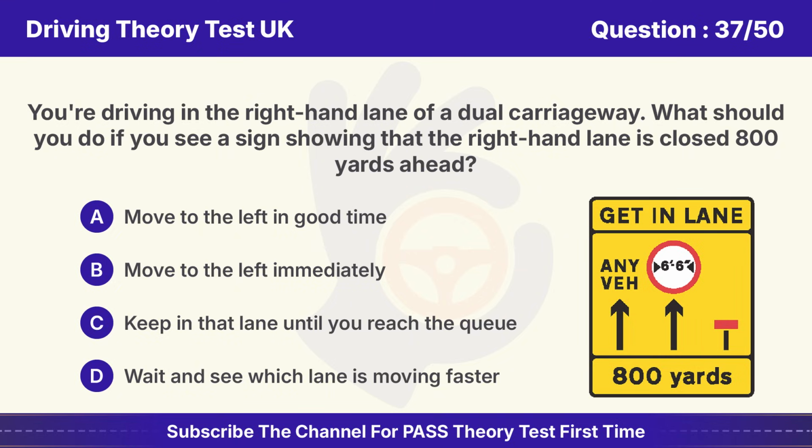Question 37. You're driving in the right-hand lane of a dual carriageway. What should you do if you see a sign showing that the right-hand lane is closed 800 yards ahead? Answer is A. Move to the left in good time.